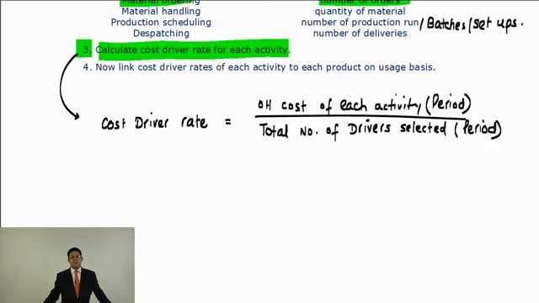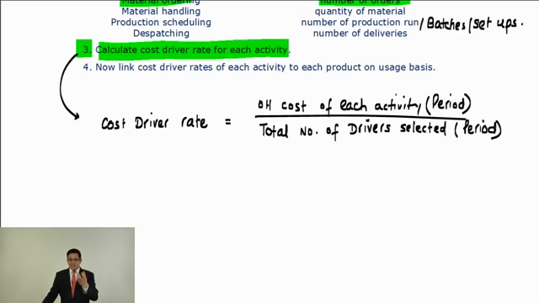For example, if I was talking about the purchasing department, the cost driver rate for the purchasing department will be the overhead cost of the purchasing activity divided by the total number of purchase orders for the period. So for each activity we need to select one driver.